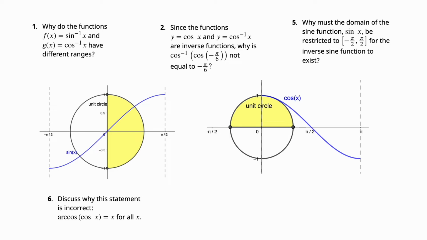Why do the functions sine inverse of x and cosine inverse of x have different ranges? Well, because we need to restrict the domain of the sine and the cosine so that the functions are 1 to 1, we have to do it in different places because they aren't 1 to 1 in the same location.